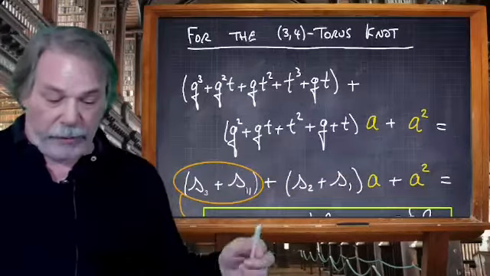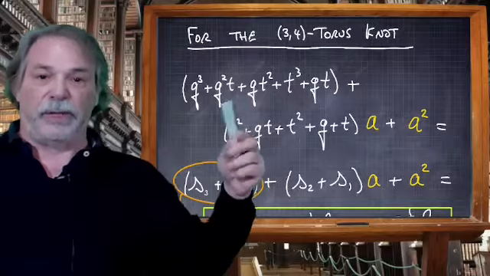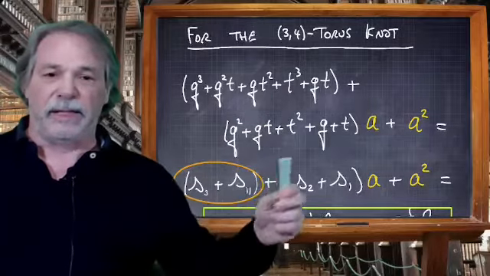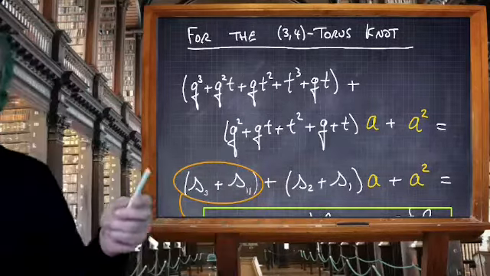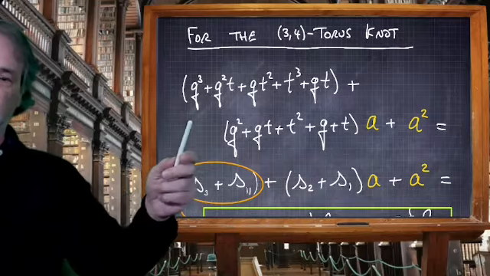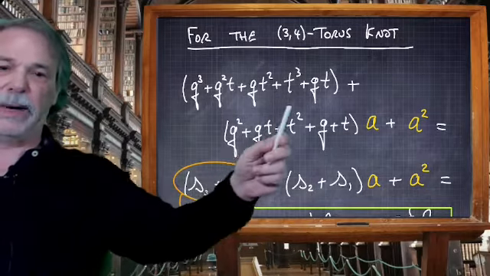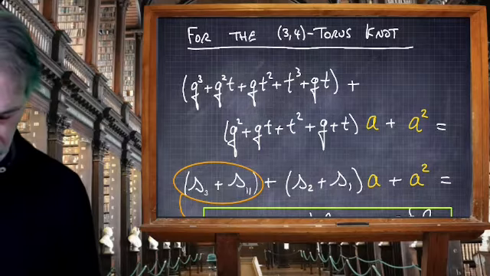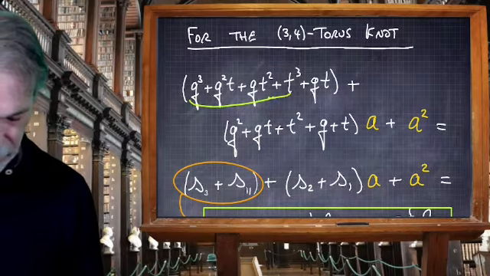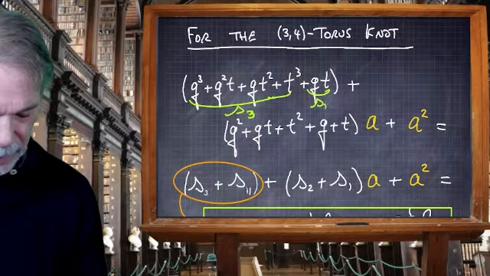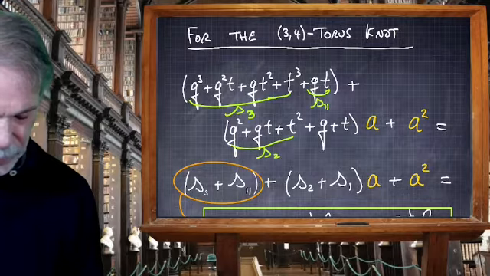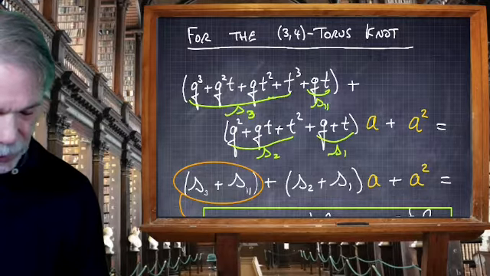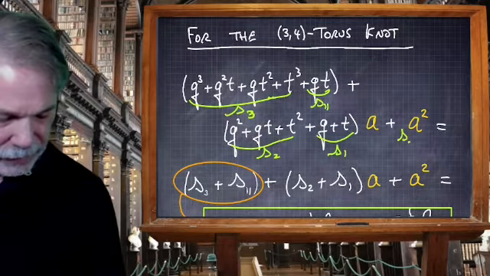So for the 3-4 torus knot that we saw at the beginning, you had this expression. Now, if you encode it in terms of Schur functions, this part here is S3, and that S11, this is S2, this is S1, and this is S0.